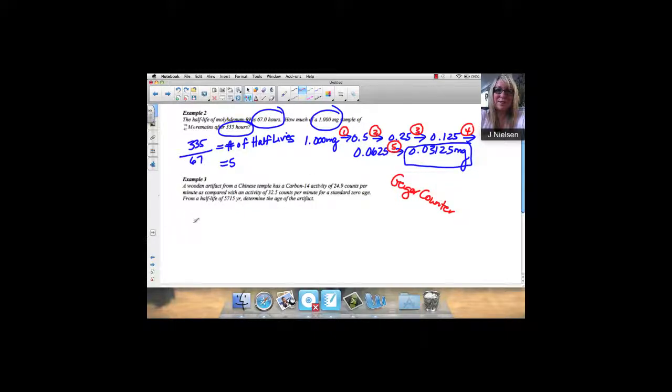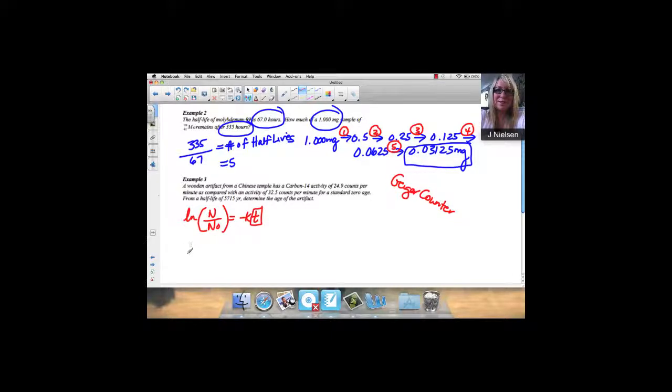So there's two things that we need to use here. We're going to use ln of N over N initial equals negative kt, and we're determining age. So basically time, we're solving for time.